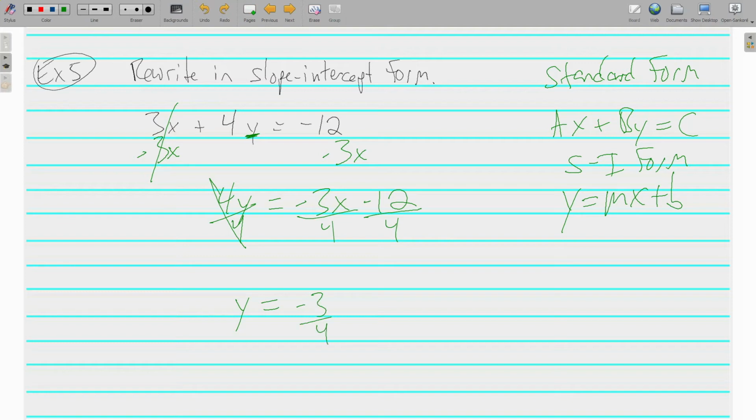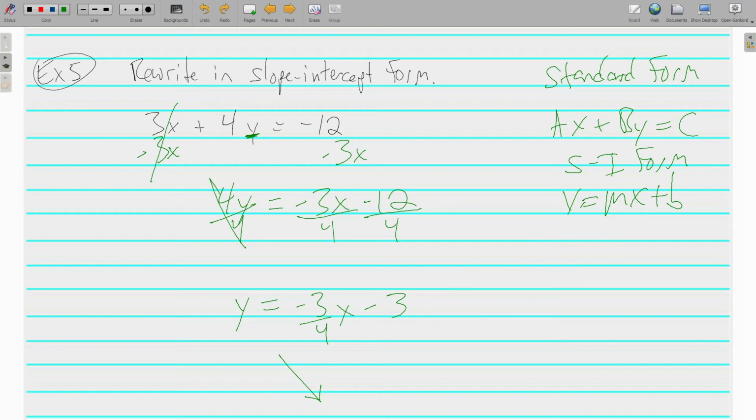We're going to leave it as a fraction. -3/4. It's our rise over run. This would be a negative slope. Do not make it -0.75. Don't do that. And then negative 12 divided by 4 is negative 3. There we go. Slope-intercept form. y is equal to negative 3/4 x minus 3.